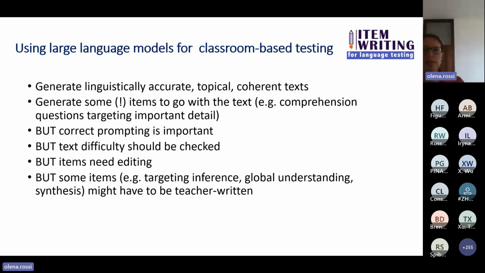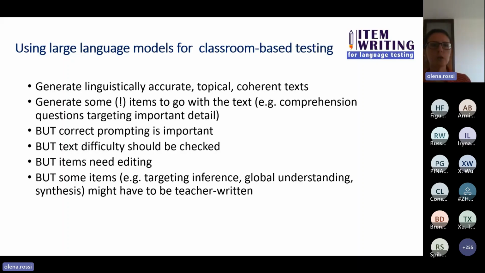So what can be done for classroom assessment? We know that GPT can generate linguistically accurate, topical, and coherent texts. They can generate some, and I'd like to emphasize some, items to go with the text. For example, comprehension questions targeting important detail, but we need to learn how to prompt it well to get better output.